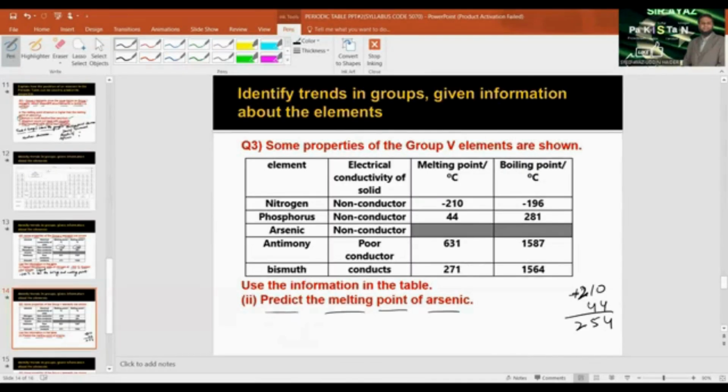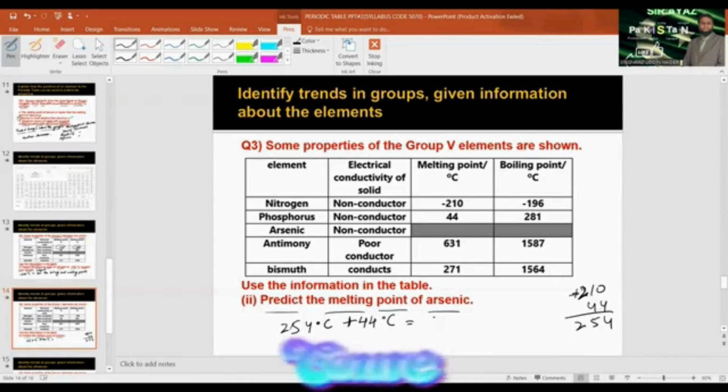So in this way, you can predict the melting point of arsenic. You can write 254 degrees centigrade by looking at the difference between the two. You can add up this number to 44 degrees centigrade.